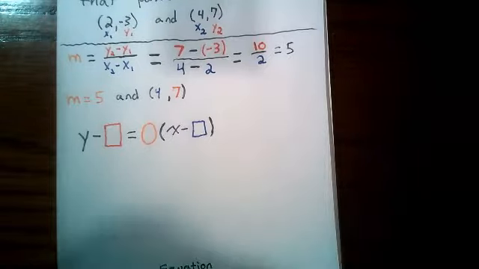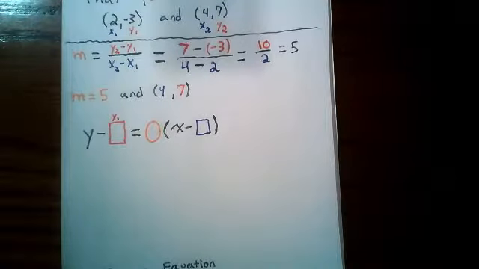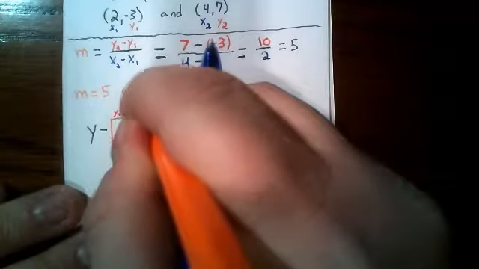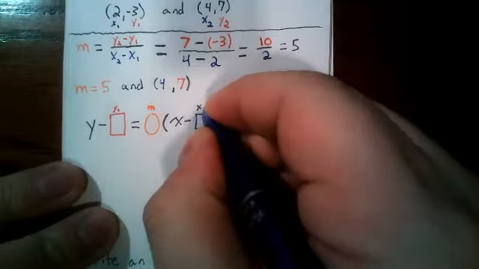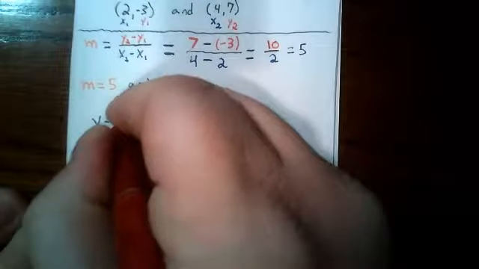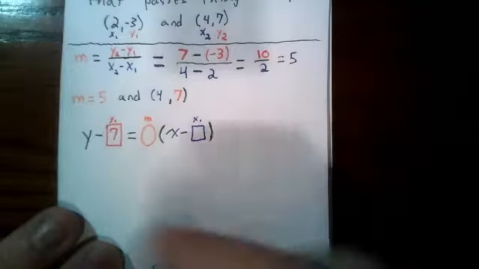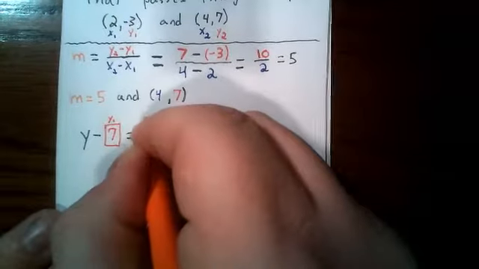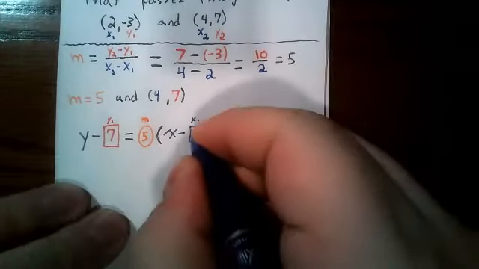So this is y minus y1 equals m times x minus x1. Now my y value was positive 7, so I'm going to put that in my y box. My slope was 5. And my x value is 4.